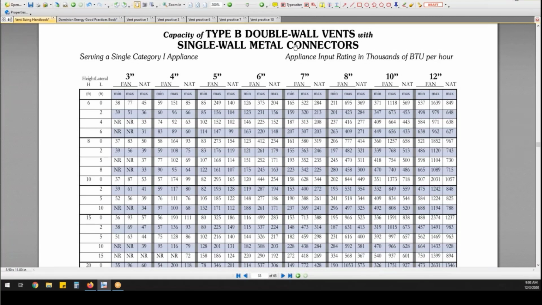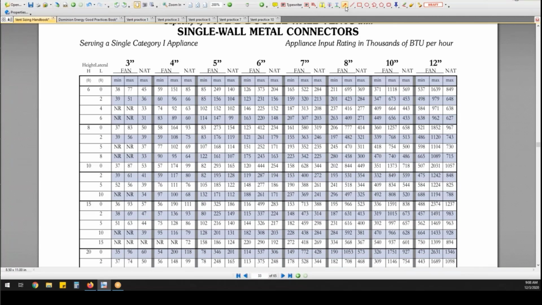So we came down to the single wall connectors, and I'll go through it again just so you can see. We start with our height. Again, we're serving a single category 1 appliance. My height, 10 feet, okay? My lateral, 5 feet.